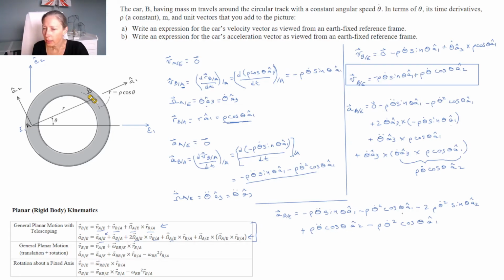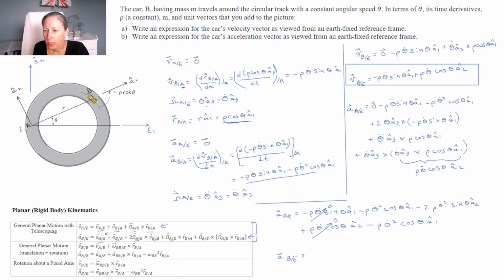And okay, and now there's one other thing that we can do to kind of simplify things. We can note that we were told that the angular speed theta dot was constant, so that means that theta double dot must be 0. So we can take out all of the theta double dot terms. So it's going to be just those two, and I'm going to collect terms one more time.